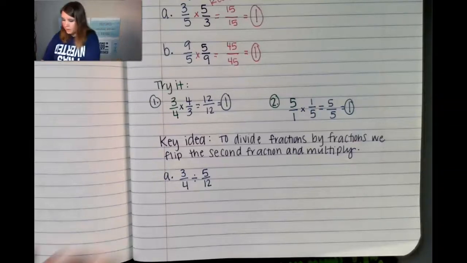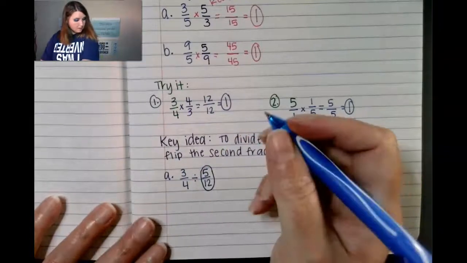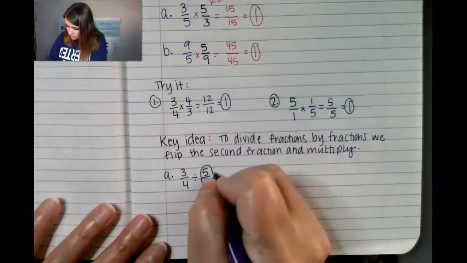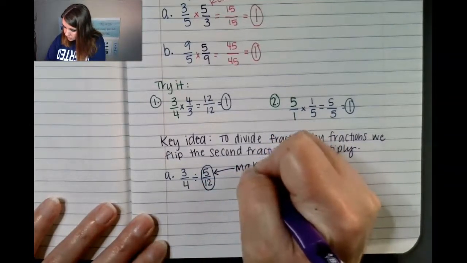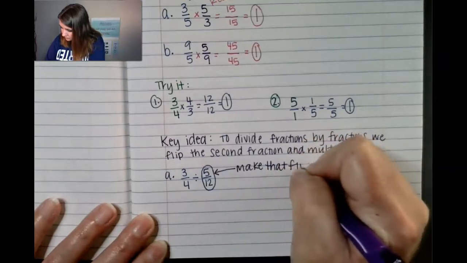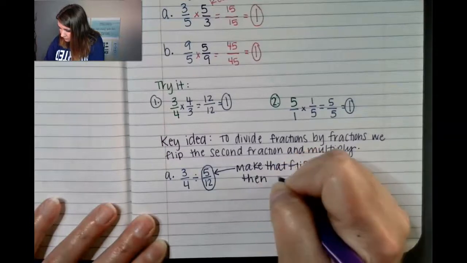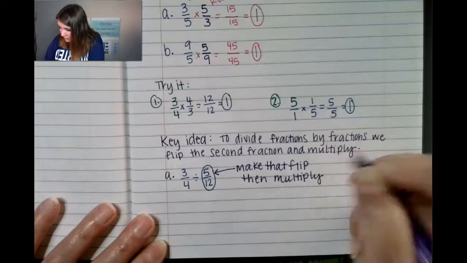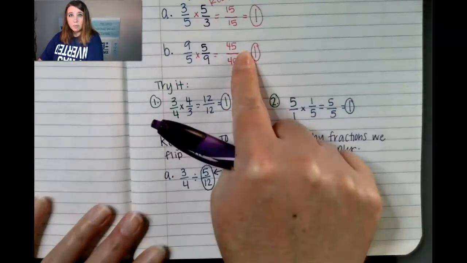All right, here we go. So this right here, on this one, we're going to flip. Then multiply. So again, we're just finding the inverses just like we practiced up above.